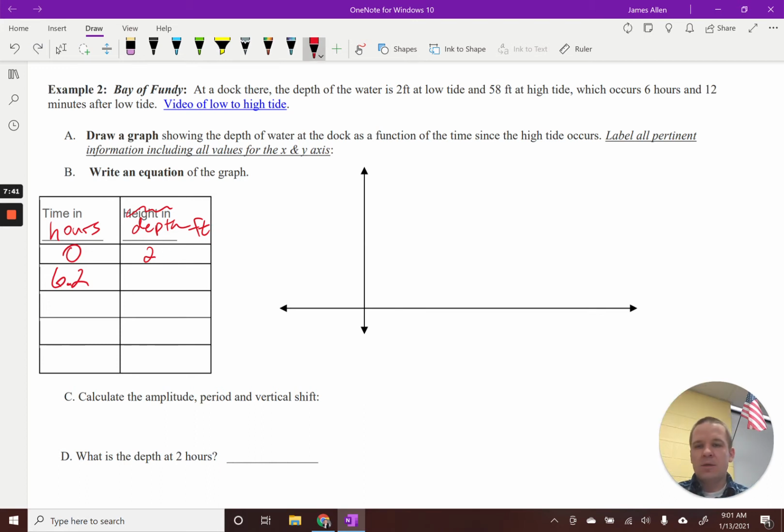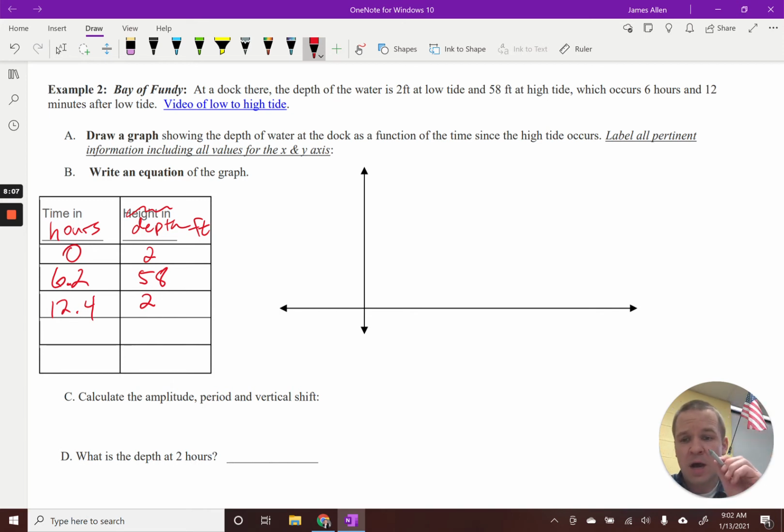Okay. So the depth then is 58 feet. And then another 6.2 hours later would be 12.4. And we would be back at low tide, which would be 2 feet. So it's going to start repeating itself.